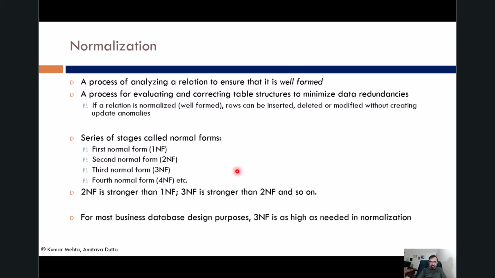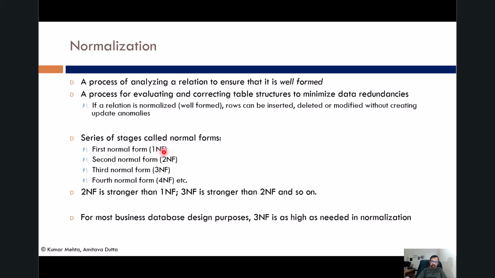Now, as with medications, you can keep doing stronger and stronger medications. There are many different normal forms. We'll start off with the first normal form. That's the starting point, the baseline, and that's what the focus will be for this video. But there are so-called higher normal forms: second normal form, third normal form, fourth normal form. There's another one called Boyce-Codd normal form, BCNF.